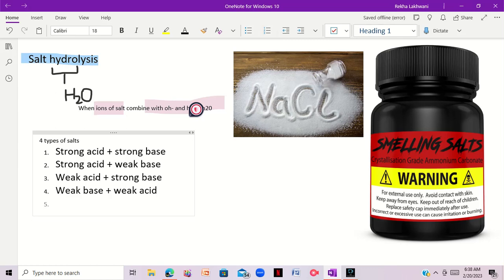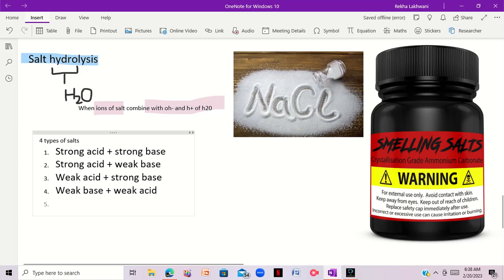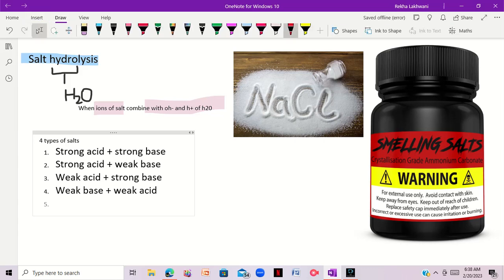So we have these four types of salt: strong acid and strong base, strong acid and weak base, weak acid and strong base, and weak base and weak acid salt. Of these four salts, only three show hydrolysis.